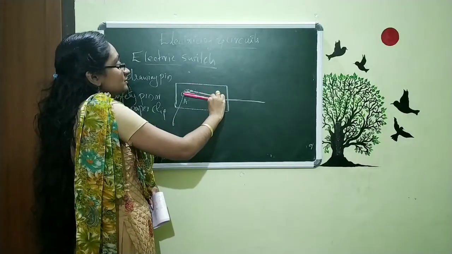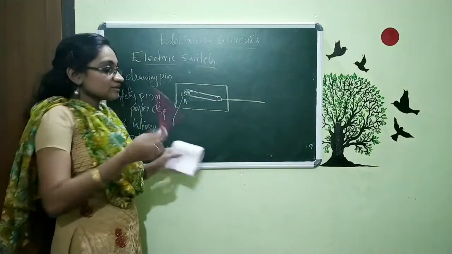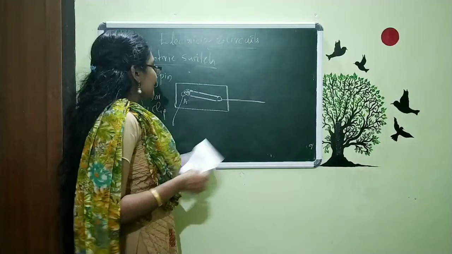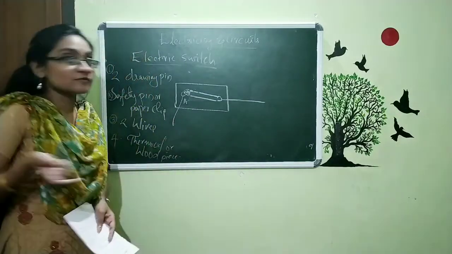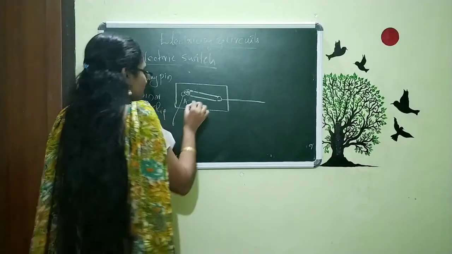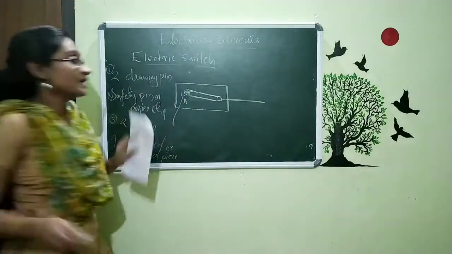When I move it towards pin A, the current will flow. Now I am going to add a cell, bulb and all to this key, for this switch. We can call this switch by another name, and that is what?